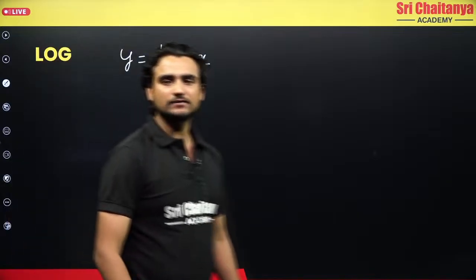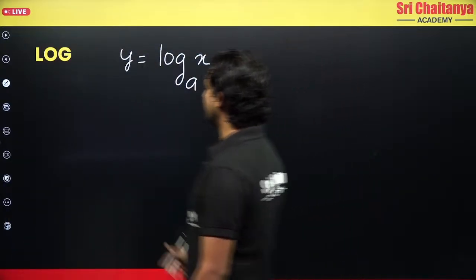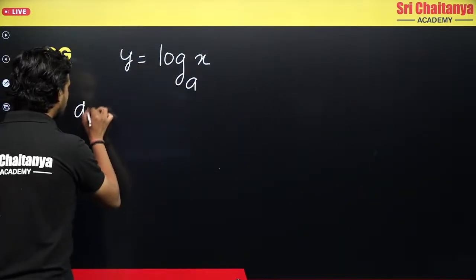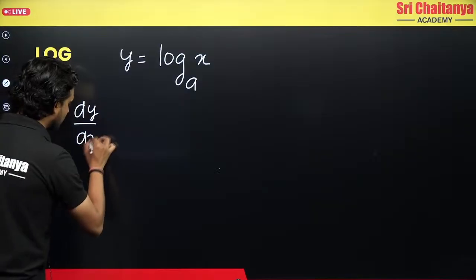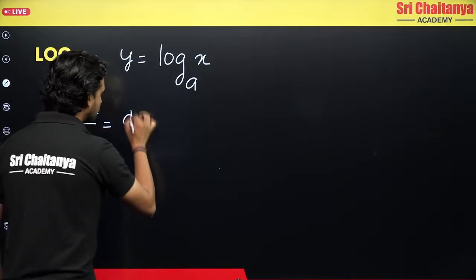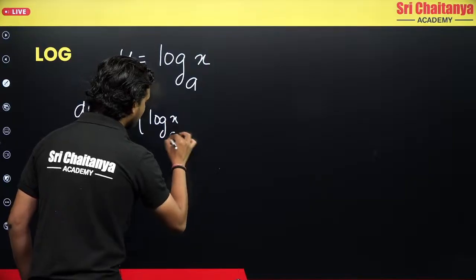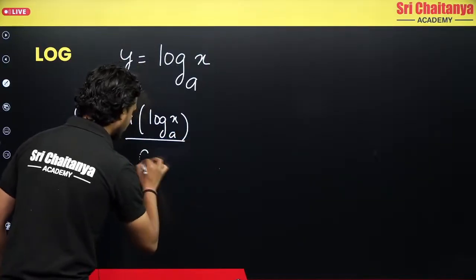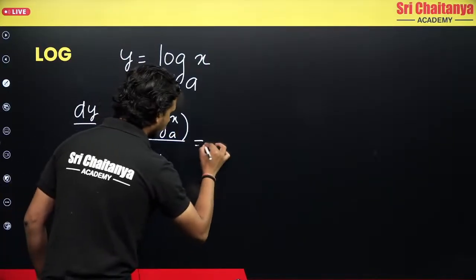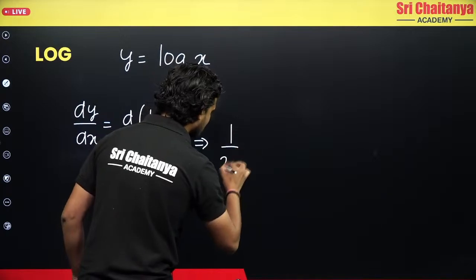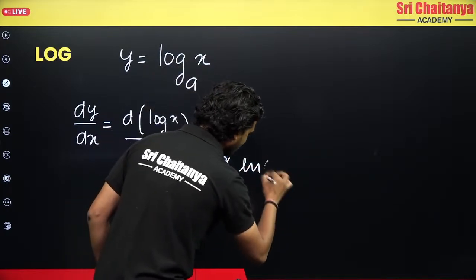If I have something like this, then the differentiation of this function, dy by dx, is equal to the differentiation of log x base a with respect to x, which will be equal to 1 by x ln a.